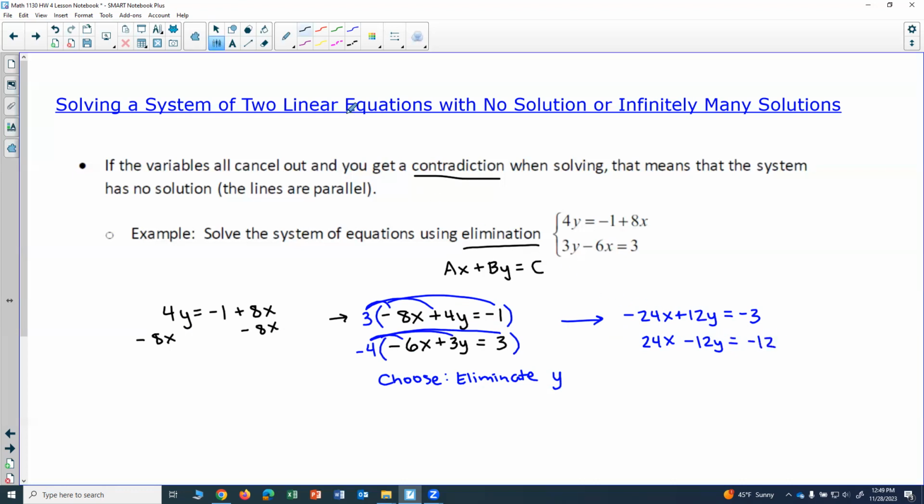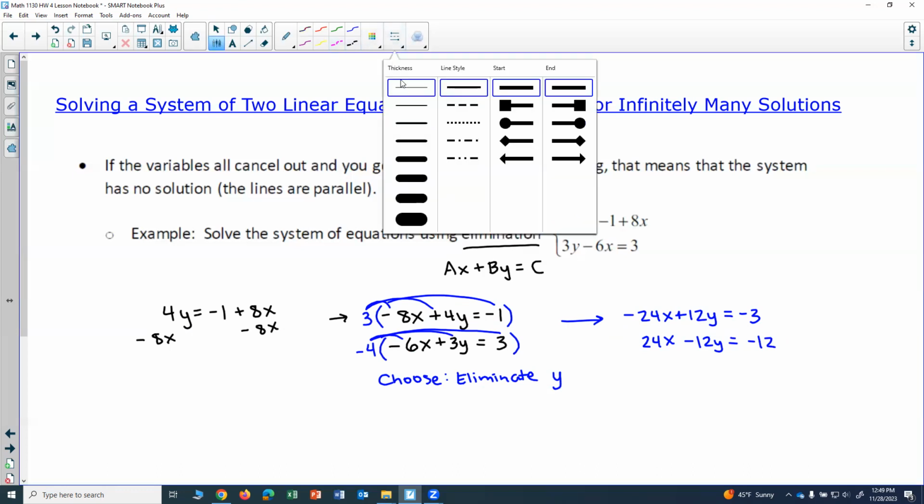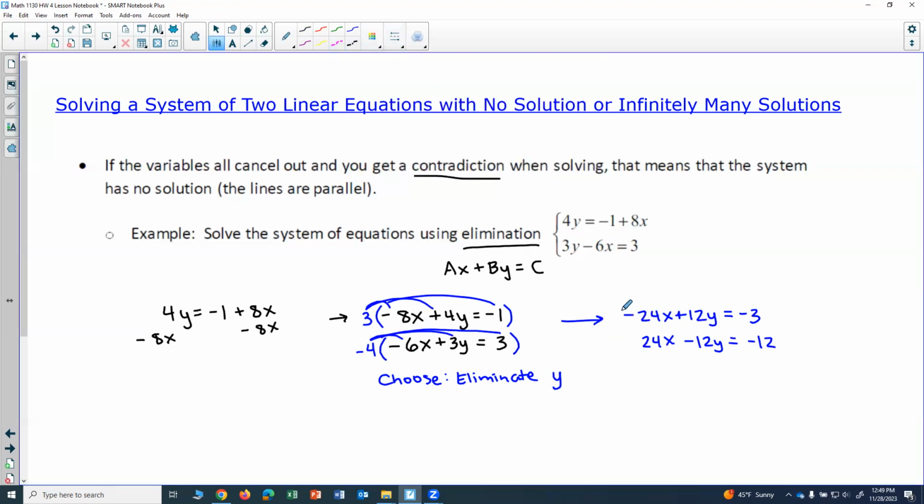So now when I go to add my equations together, I can see that -24x and +24x are going to cancel each other out, and +12y and -12y will cancel each other out. And so what I end up with is 0 on the left-hand side of the equal sign and -15, because I'm adding a -3 and a -12 together on the right side of the equal sign.